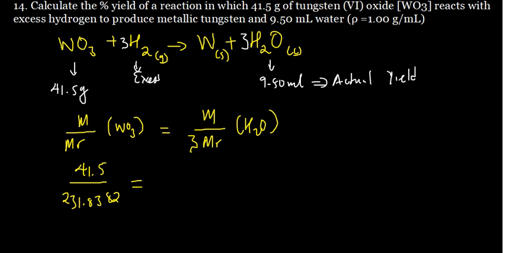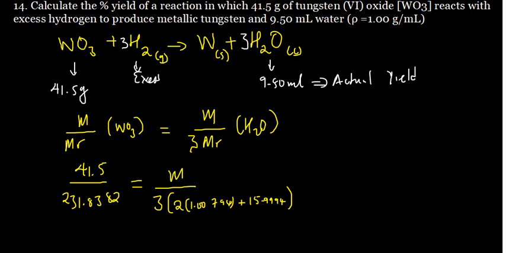And this is going to be equal to the mass of water. Now that is what we want to find, the theoretical yield, divided by 3 times the molar mass of water. We know that in water I've got 2 hydrogens with a mass of 1.00794, and then plus oxygen with a mass of 15.9994. Right. So let's do that.